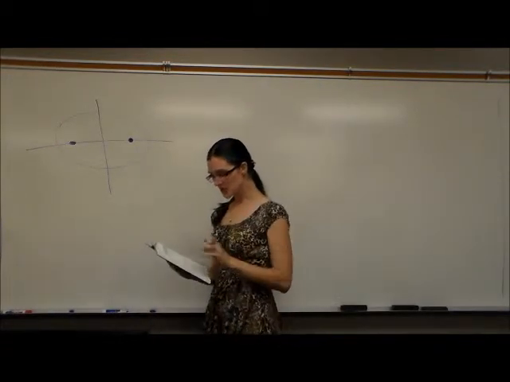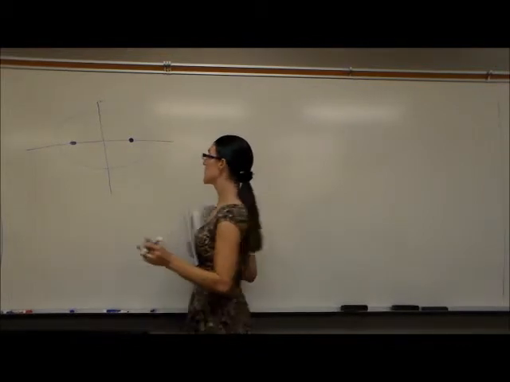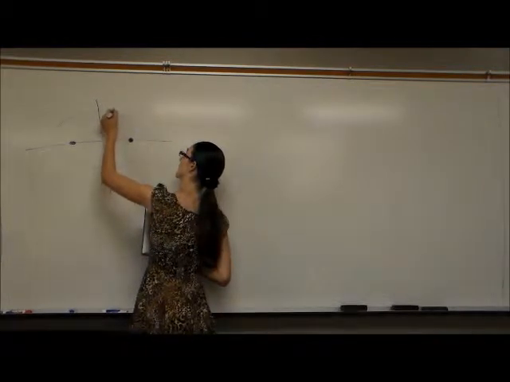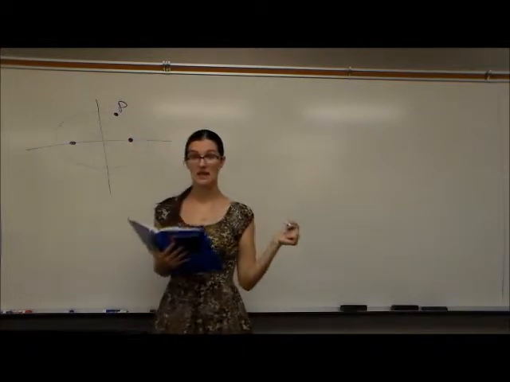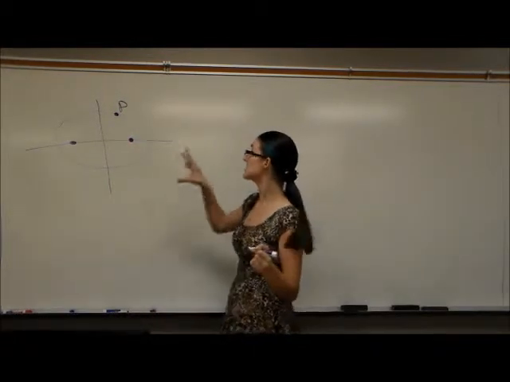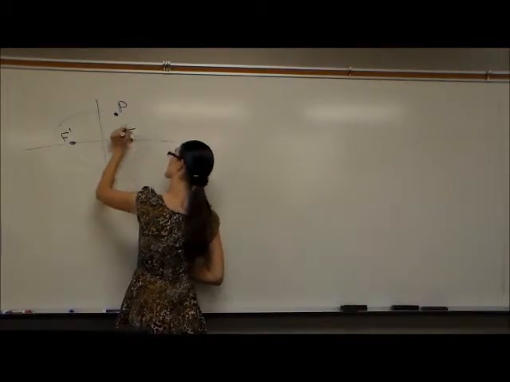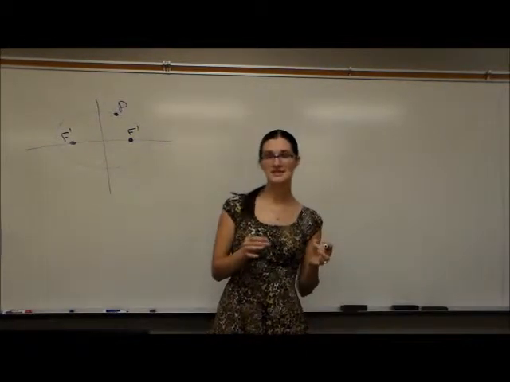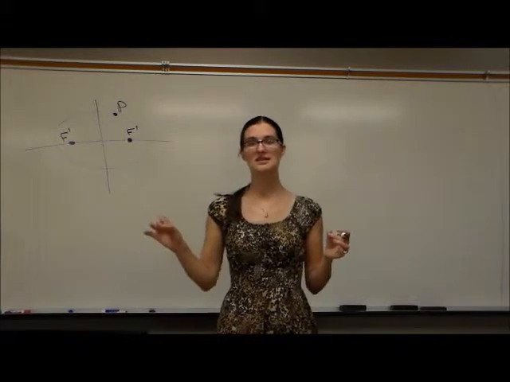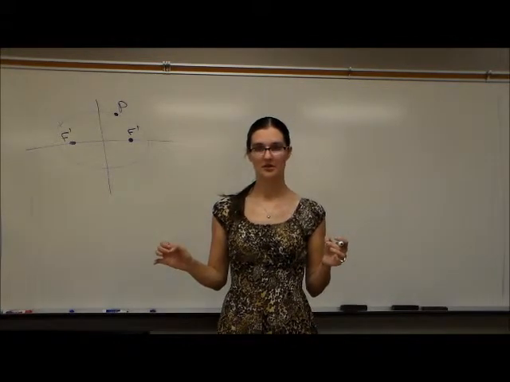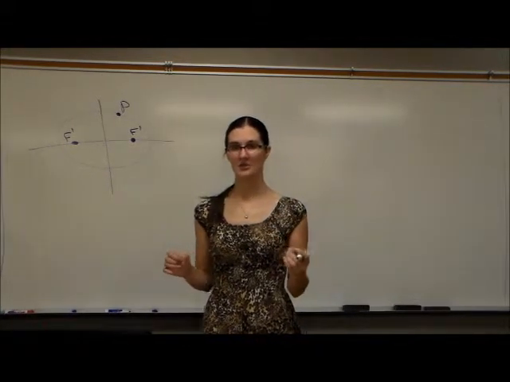So what this definition is saying is that we have the set of all points P. They're picking a point out here on the ellipse to be P, and they're saying the distance from that point to each focus, if you add the two distances together, should always be the same number. It should always be a constant number.